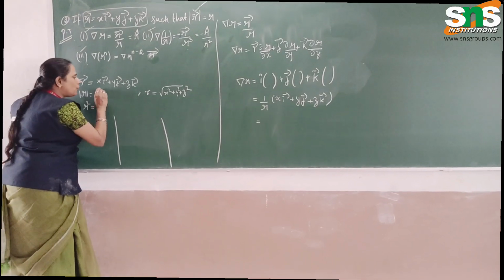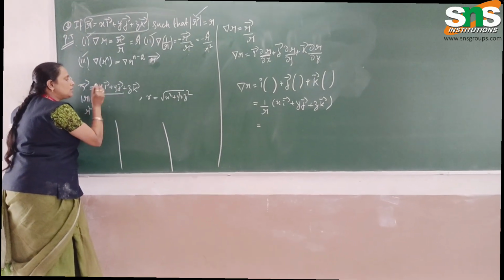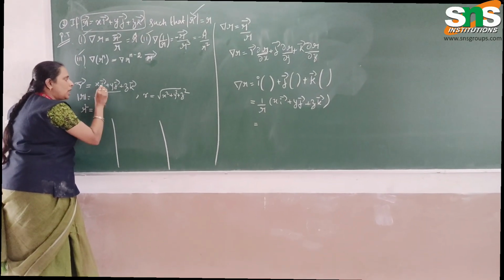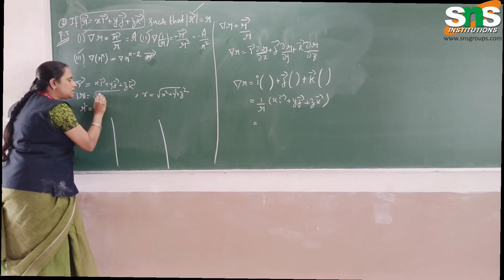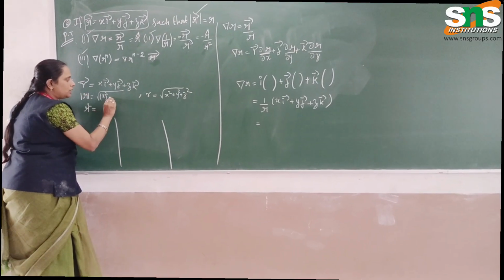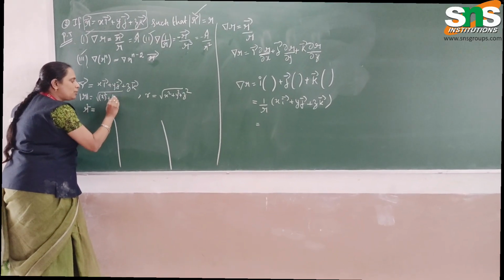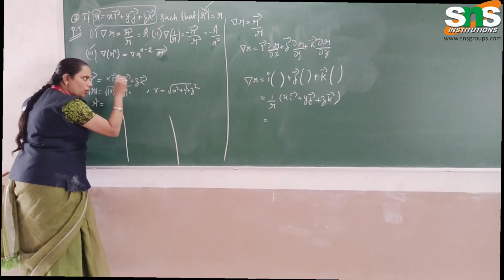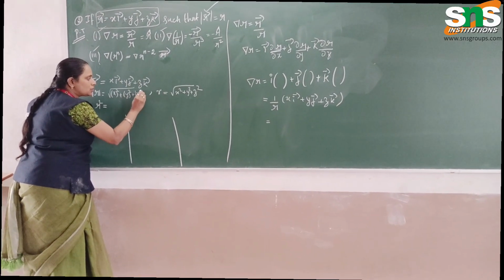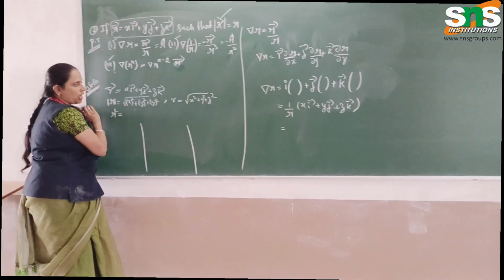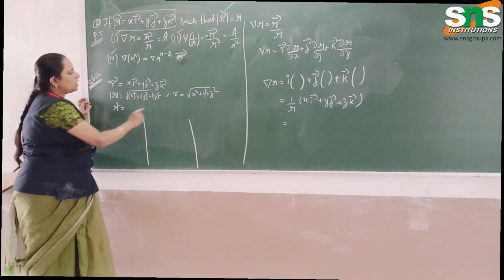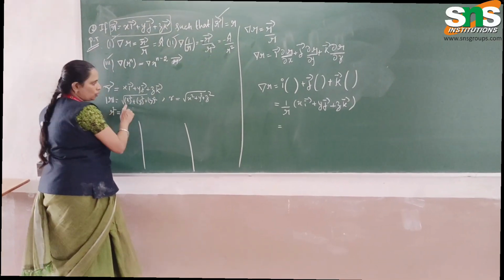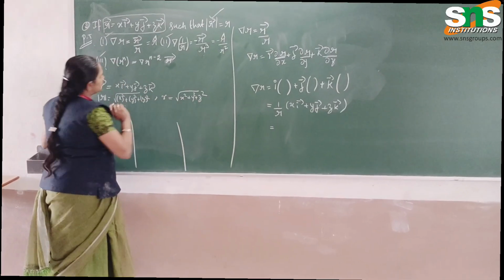It is the root of the I coefficient the whole square, the I coefficient is x, then the j coefficient the whole square, then the k vector coefficient the whole square. So this is the modulus of R square. Here R equals root of x square plus y square plus z square.